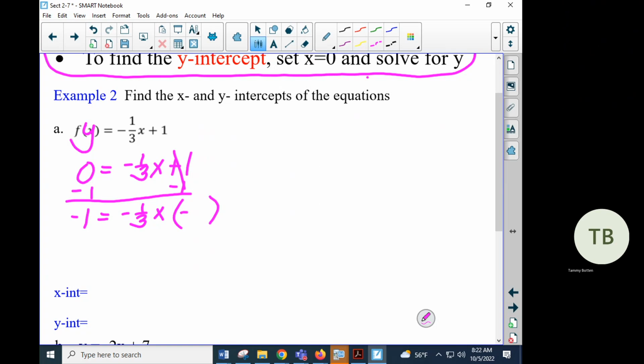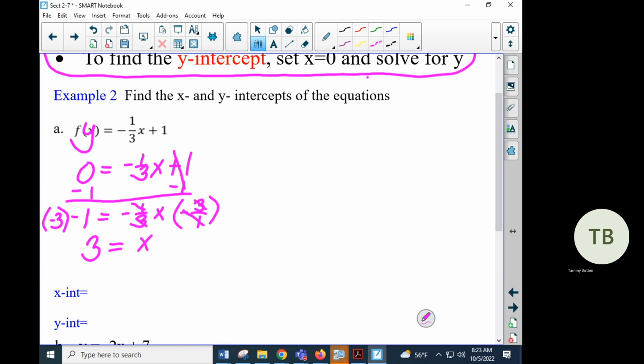So if that's negative, your reciprocal would be negative, and it would be -3/1. And you would do that, which is just -3. You would do that on both sides. Now, when you do that, your -1s cancel, your 3s on the bottom cancel, and on the right, you're left with your x, and -3 times a -1 is 3.